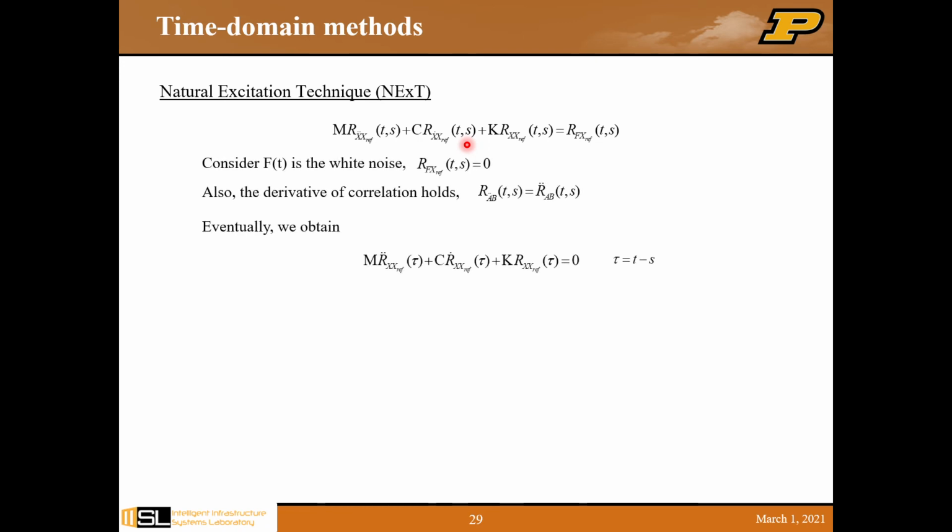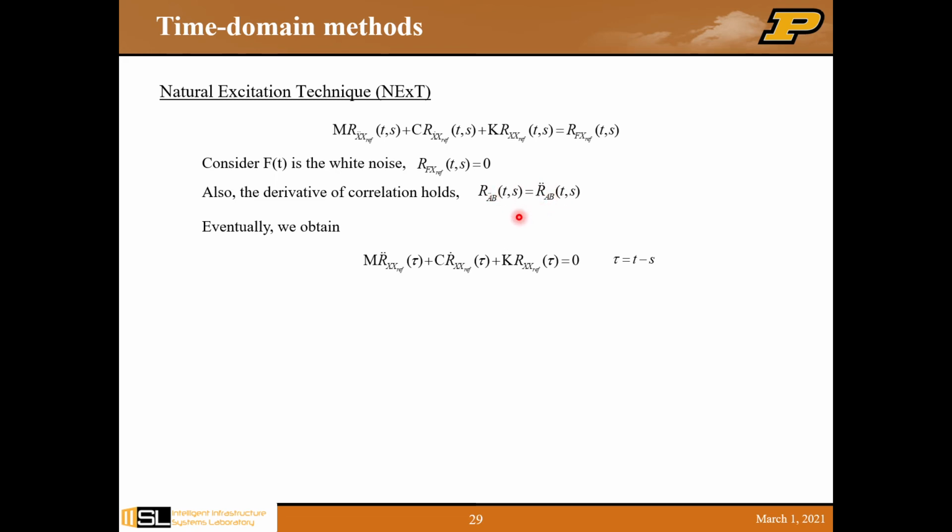Consider that ft, the force vector, is white noise, and the reference signal is uncorrelated with the input. Therefore, we can cancel out the right-hand side as 0. Also, the derivative property of the correlation holds: for the correlation of A and B, if A is a time derivative, then we can move the derivative into the correlation.